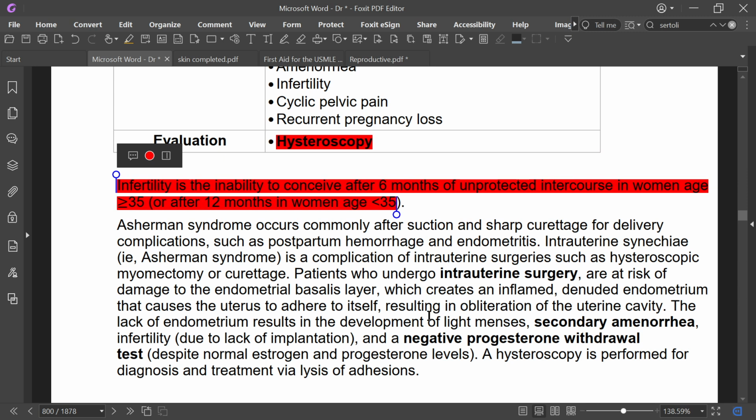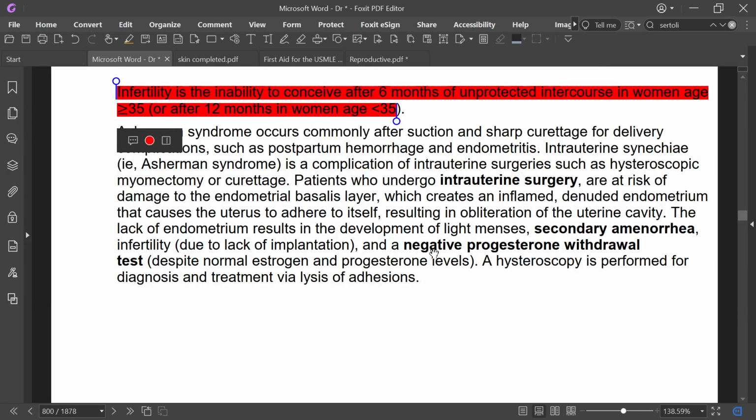Patients who undergo intrauterine surgery are at risk of damage to the endometrial basalis layer. Lack of endometrium results in secondary amenorrhea, infertility, and a negative progesterone challenge test.